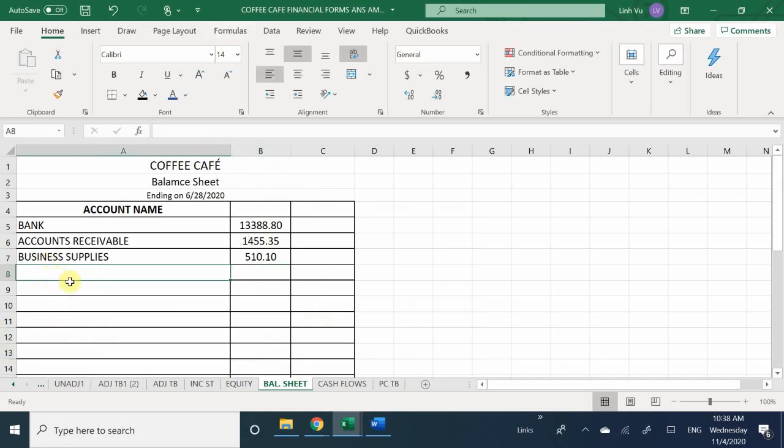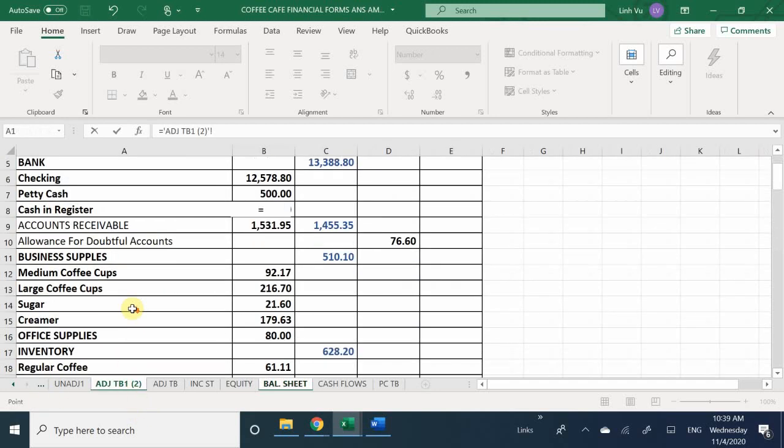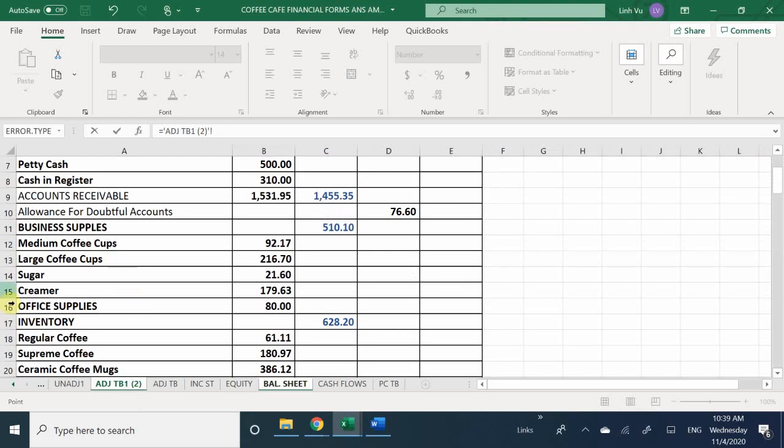Next, I should have office supplies. Right, these are all my current assets. If you want to, you could be specific and label it that way. But in this case, I know what my assets are. I don't need to add more clutter to my balance sheet. So how much is my office supplies for?